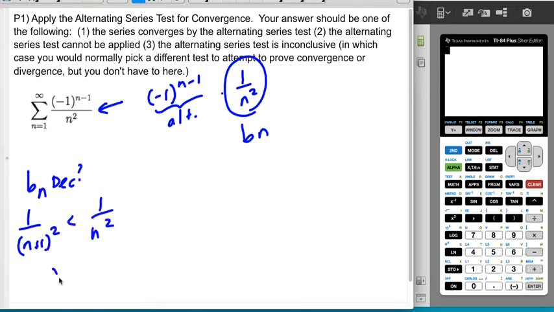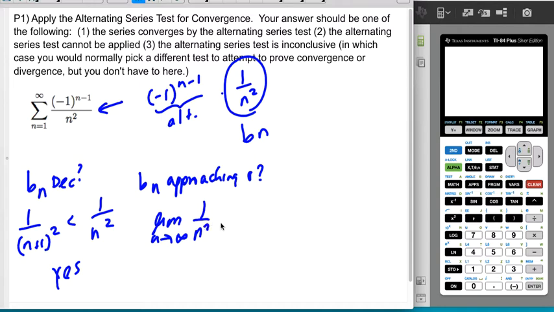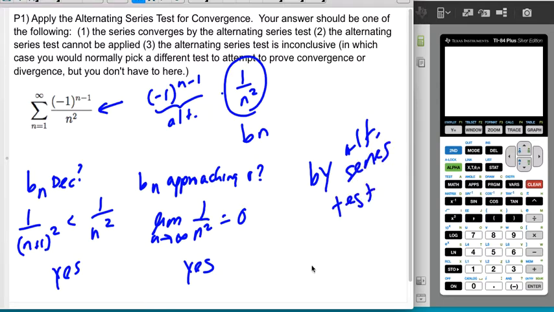Same argument, so yes, it is. And is b sub n approaching 0? Well, the limit as n approaches infinity of 1 over n squared is definitely 0, so that's a yes. So by the alternating series test, this thing converges.